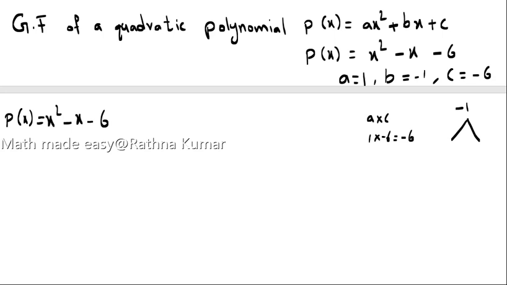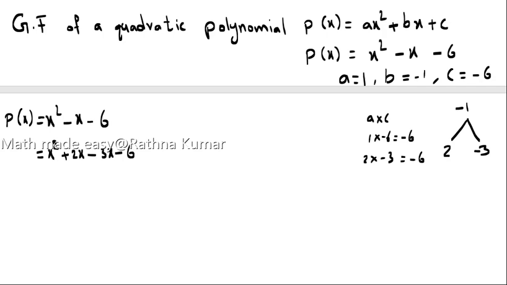We can easily say that 2 3s are 6. Product is 6. If you want minus 1, the bigger number should be minus 1. So 2 into minus 3 is equal to minus 6. This is how we can split the middle term. Now we can write it as x square plus 2x minus 3x minus 6.